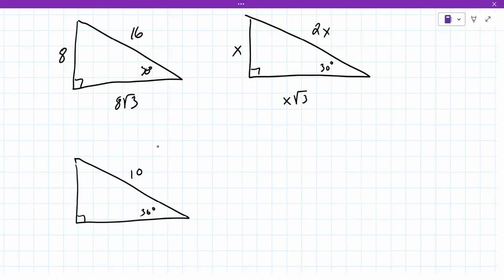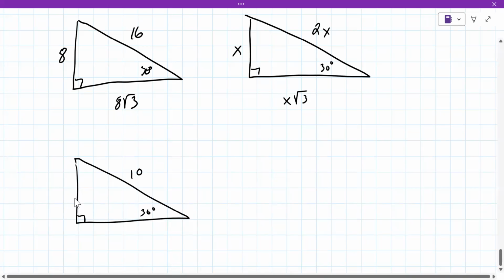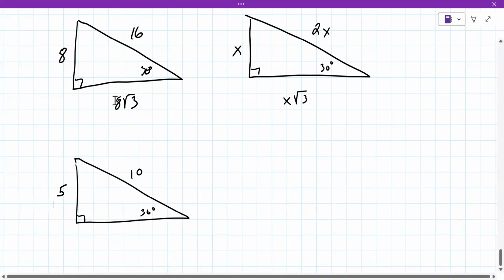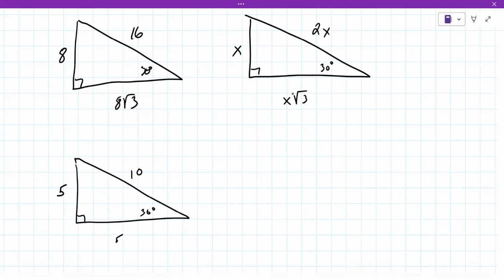Can you tell me what the leg over here would be if the hypotenuse is 10? Basically, you're going 5, back 5, right? And then you're multiplying the base by square root of 3, 5 square root of 3.